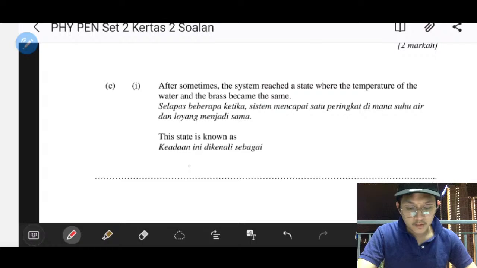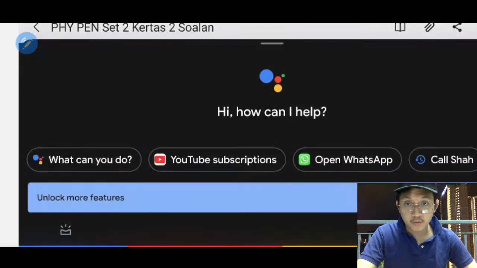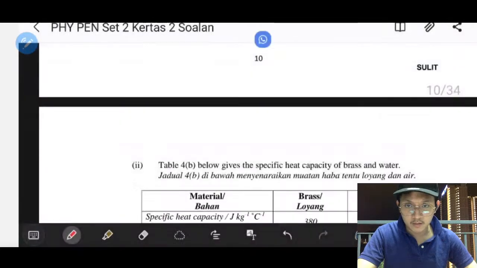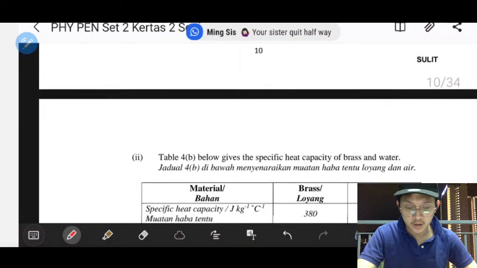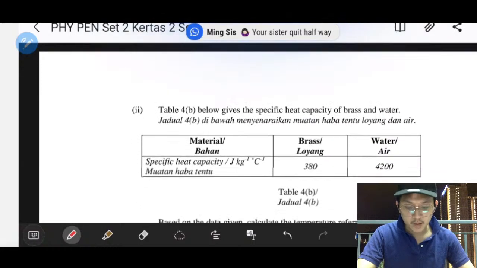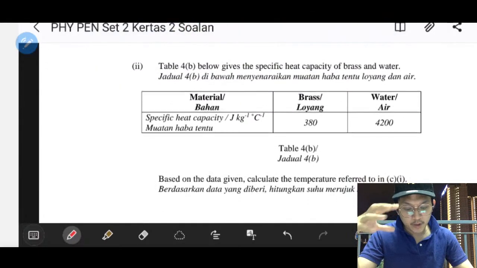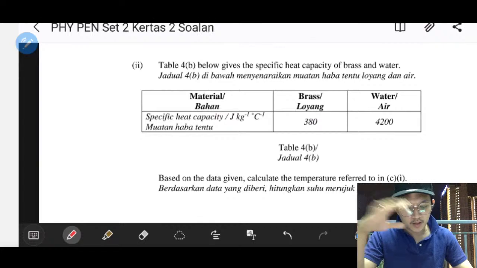Okay, table 4B. Jadual 4B menyenaraikan muatan haba tentu loyang dan air. Okay. Based on the data given, calculate the temperature referred in C1. Okay.